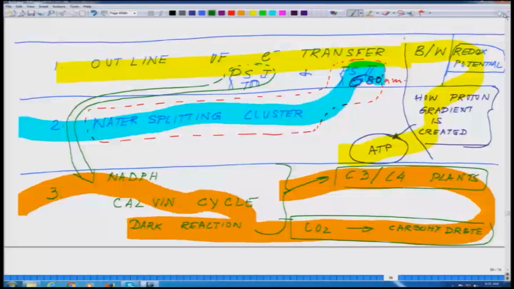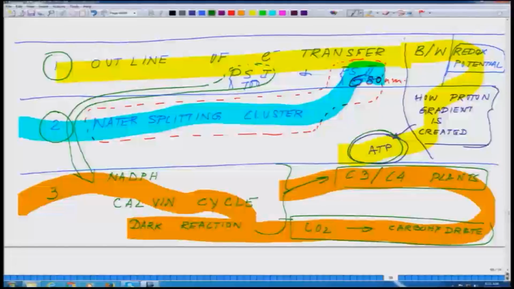So, this is where we ended our slides last time. This is what we decided we will be talking about, the outline of the electron transport, followed by the formation of the ATP, water splitting cluster, and after that we will talk about the dark part of photosynthesis, which is the dark cycle or the Calvin cycle.